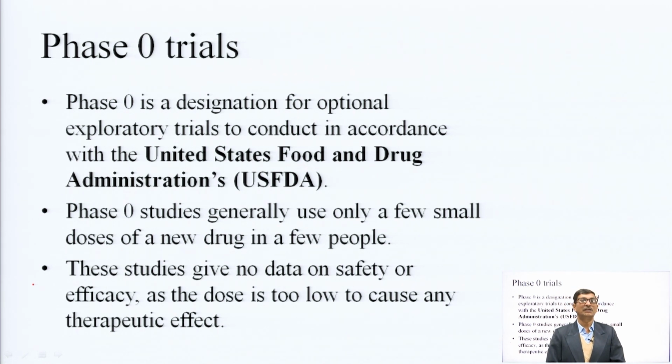In phase 0, studies generally use only a few small doses of a new drug in a few people. These studies give no data on safety or efficacy, as the dose is too low to cause any therapeutic effect.